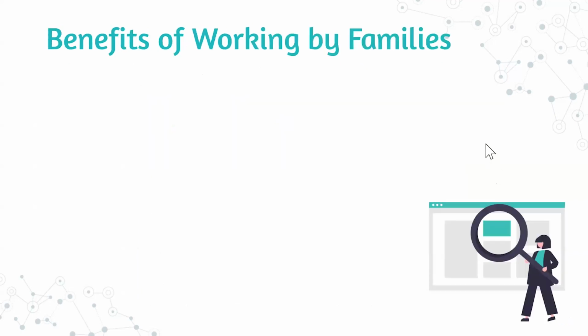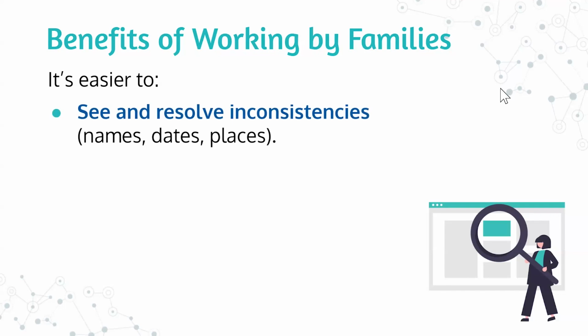So now that we've seen how simple it can be to work by families, if you have a guide, a framework like the timeline grid, why is it so helpful to work by families? These are the benefits that I've observed. Working by an entire family, as opposed to just a person here or there or a fragment, makes it easier to see and resolve inconsistencies.